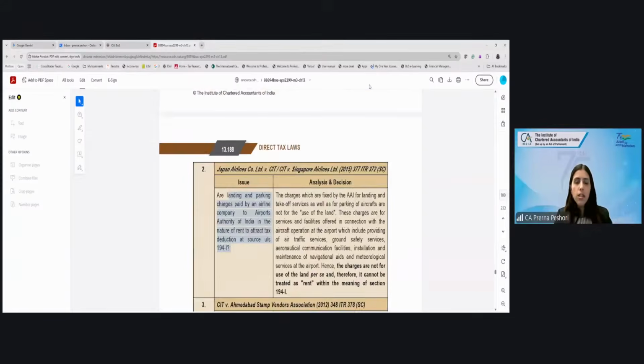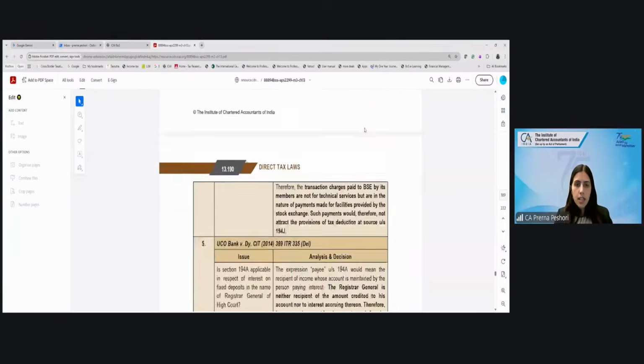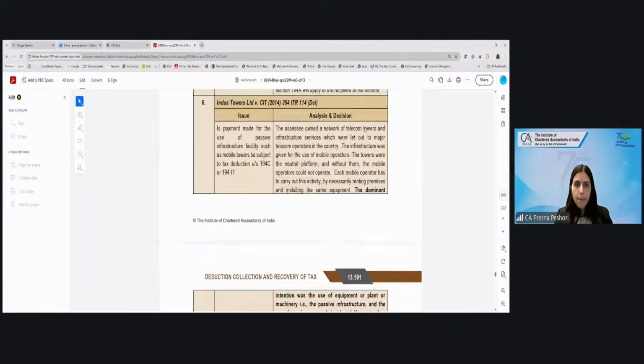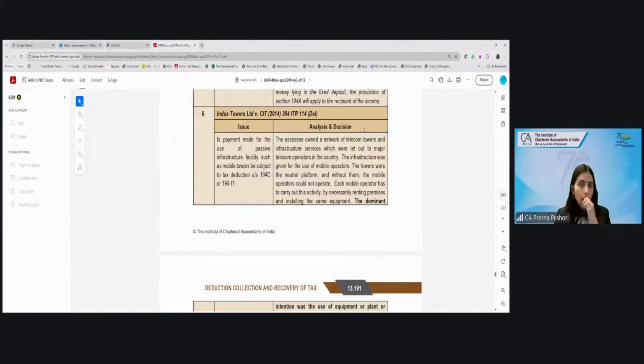Clear? Next case is Indus Tower, Delhi High Court. Payment for the use of infrastructure facility, such as mobile towers. So, they install the mobile towers on the terrace of the buildings. Whether there will be TDS under 194C or 194I.